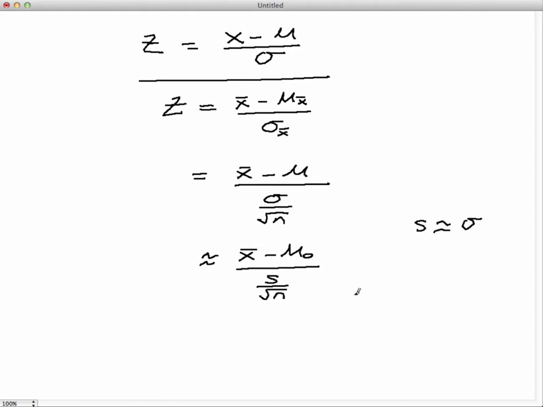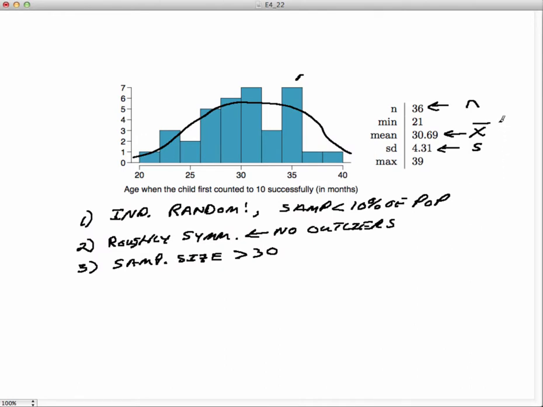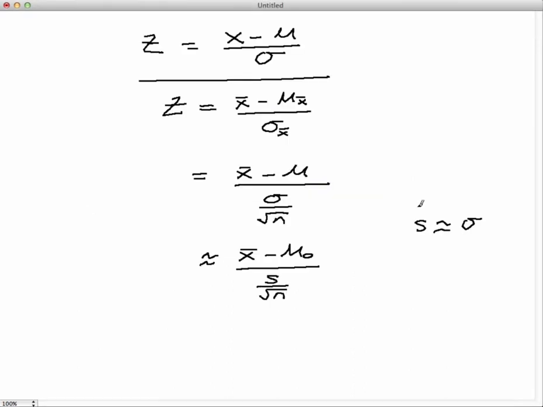Okay. Alrighty then, so let's go back here to the picture for just a minute from the problem statement. And notice that we have all of the numbers that are fit to print, all the things we need to calculate our z-score are right there. We've got our n, our x bar, and our s, and then the mu, it comes from the null. All right. So let's go ahead and I'll write that down on the whiteboard here, and then we'll type it up in RStudio.